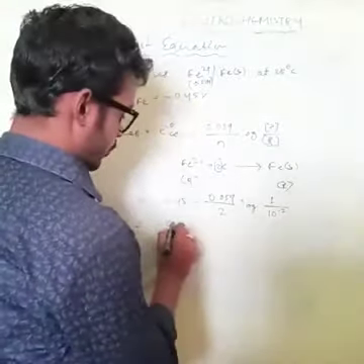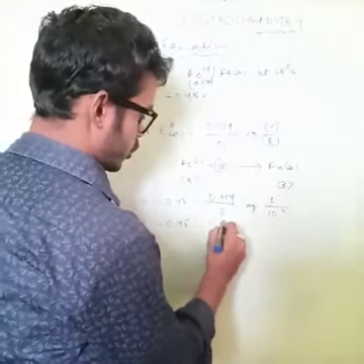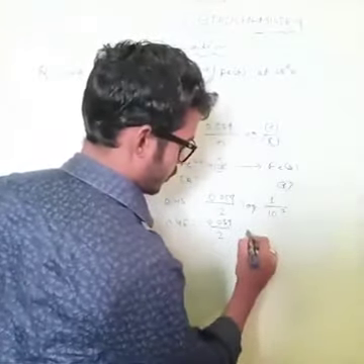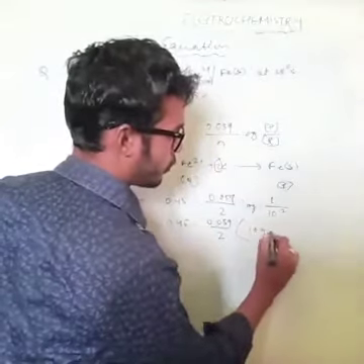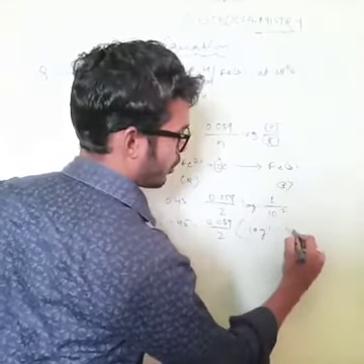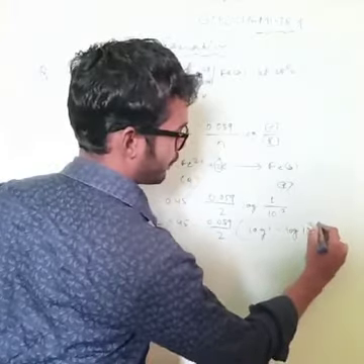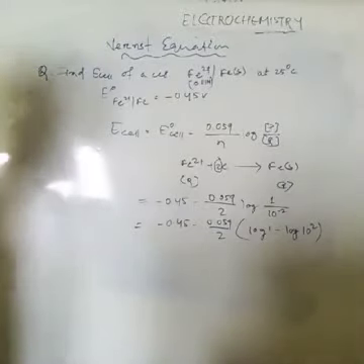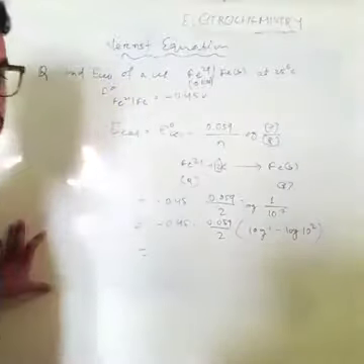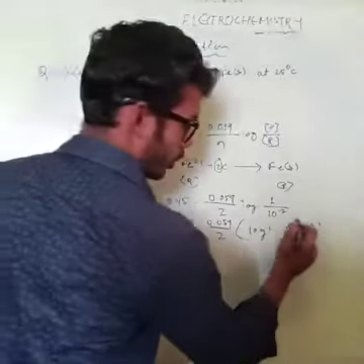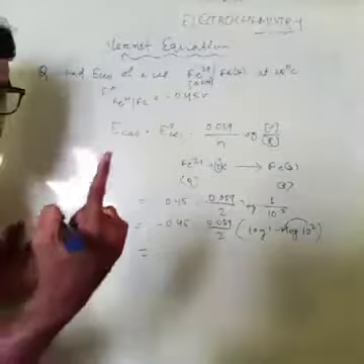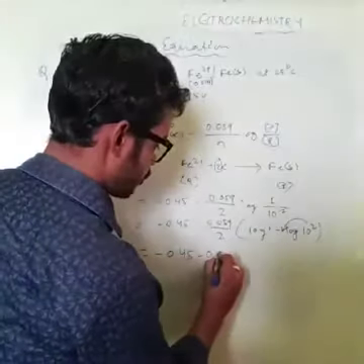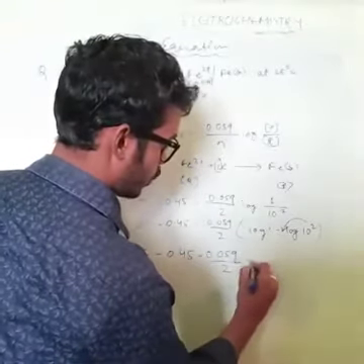Now you can solve: minus 0.45 minus 0.059 by 2 into log of 1 minus log 10 to the power minus 2. This becomes 2 log 10, and log 10 is 1, so minus 0.45 minus 0.059 by 2 into 2.